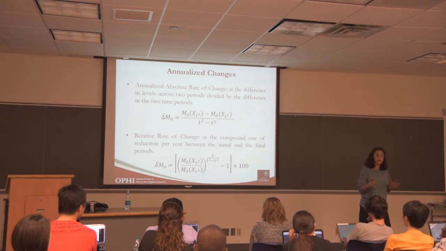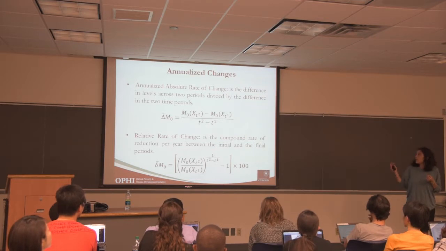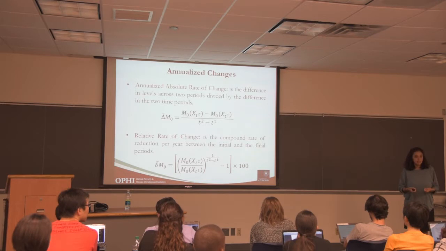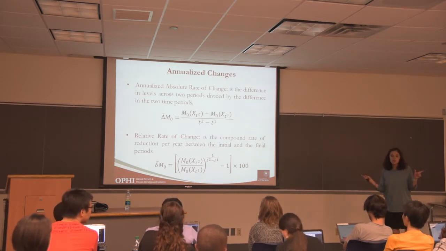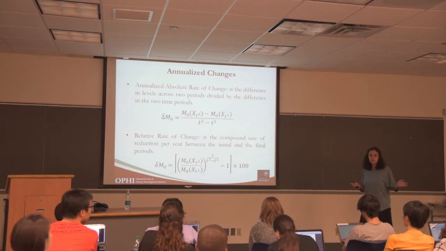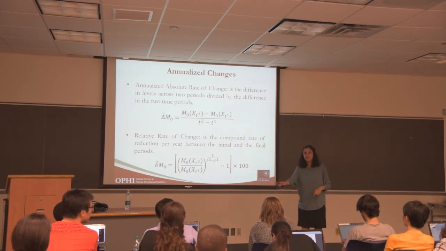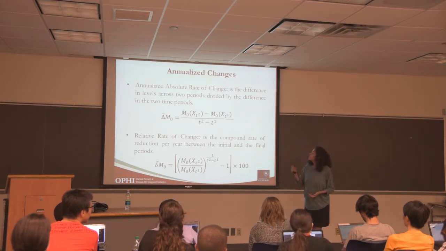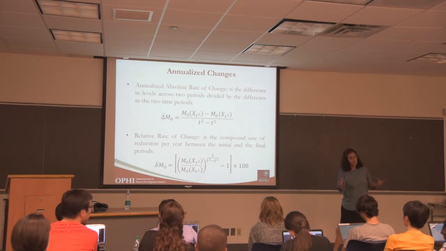So when you make comparisons, we cannot talk about the rate of change with different periods of reference. It's not the same if you have 12 years to reduce poverty as if you have 1 year. So we look at the annualized rates. For the annualized absolute rate of change, you just divide the difference by the number of years.